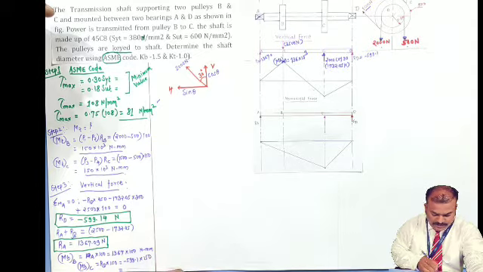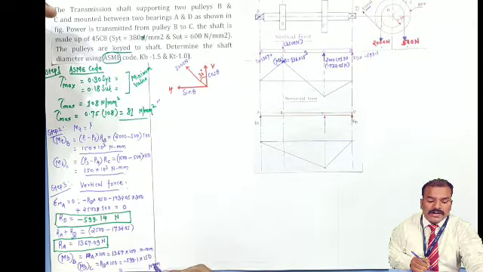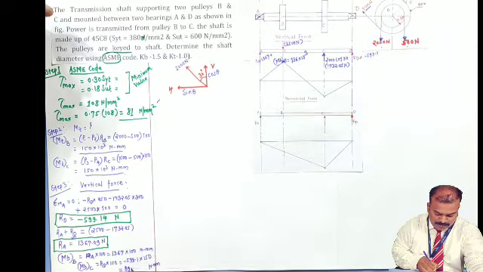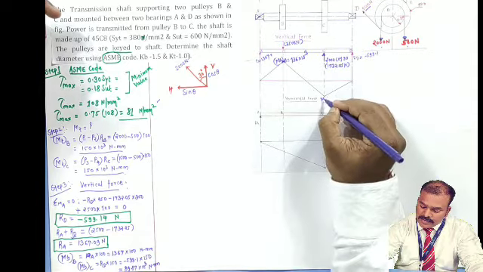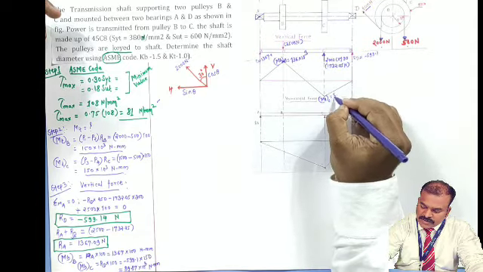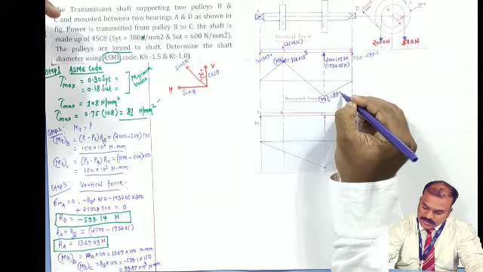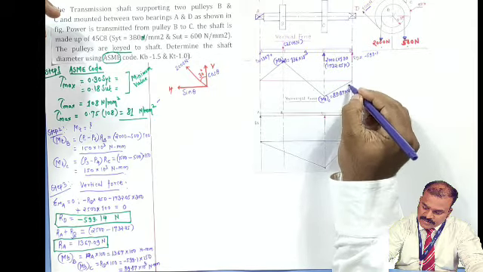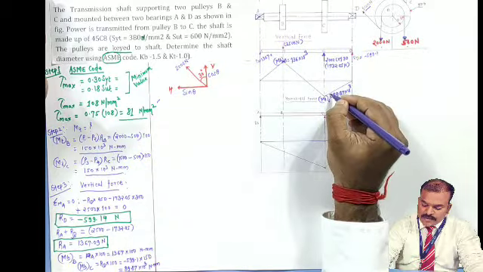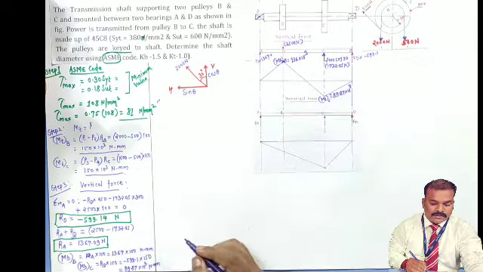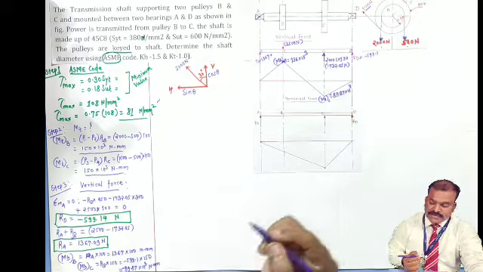If I multiply this, I'll get the bending moment at C, 89.87 into 10 raised to 3. So I'll write here bending moment at point C is 89.87 into 10 raised to 3. Correct? So this will be the bending moment, and of course it is minus. That's why we have to take it negative. This is minus, the answer is minus.